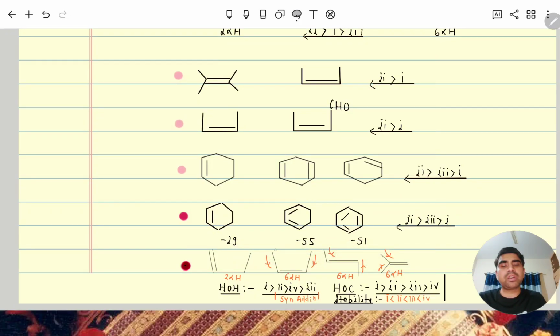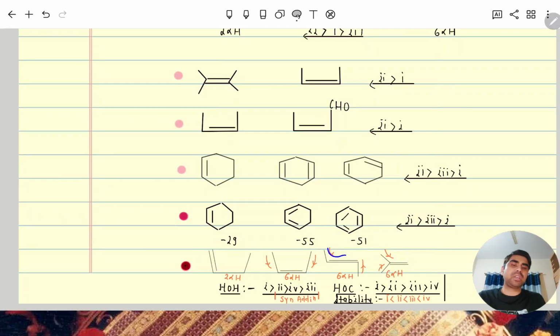So you know that here the electron is moving from hyperconjugation, from high electron density to low electron density. Here also the electron is moving from high to low, so these electrons move in this direction, and here also the electron waves are moving in this direction. So both waves are destructive because they are colliding with each other.